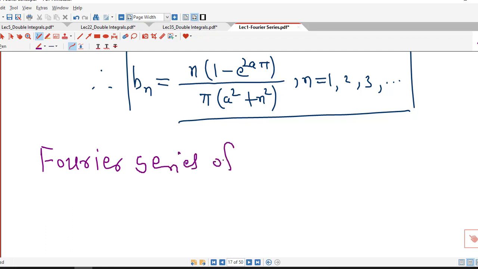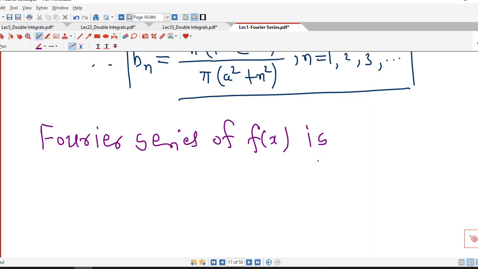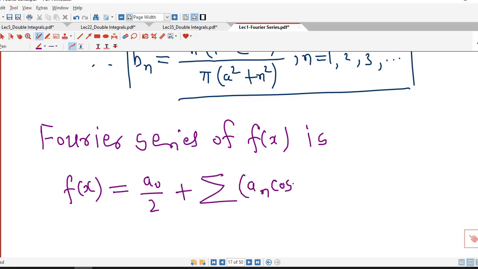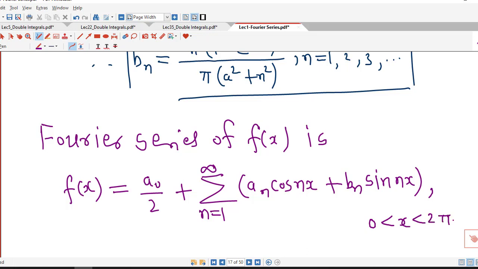So the Fourier series of fx is, here we can write equality, fx equal to a0 by 2 plus sigma an cos nx plus bn sin nx, n is from 1 to infinity and x is in between 0 and 2 pi.